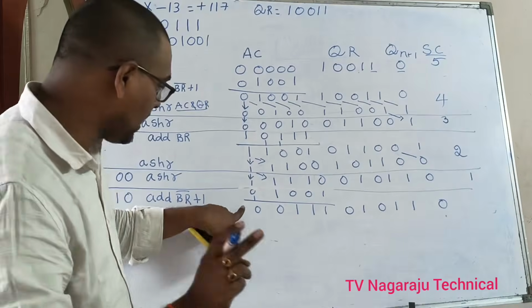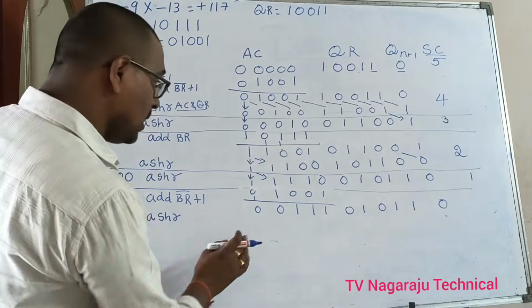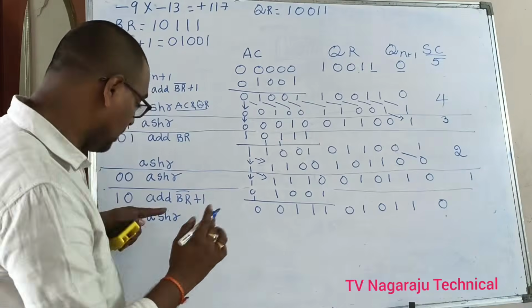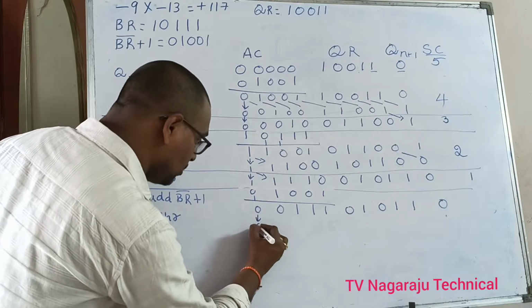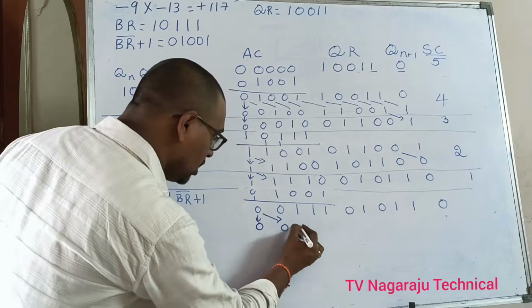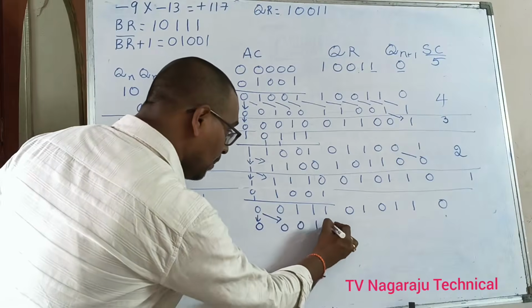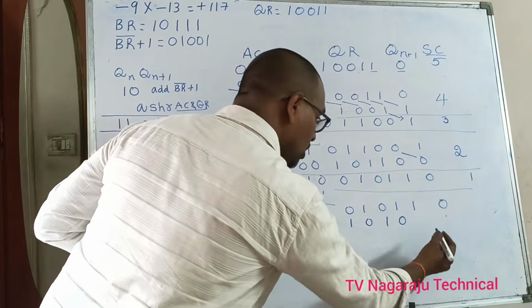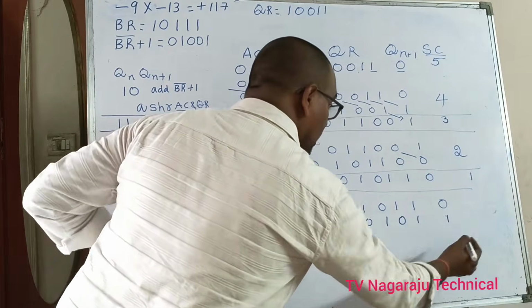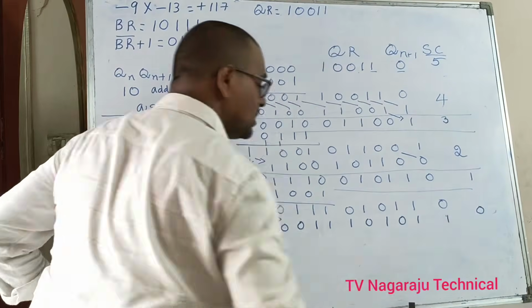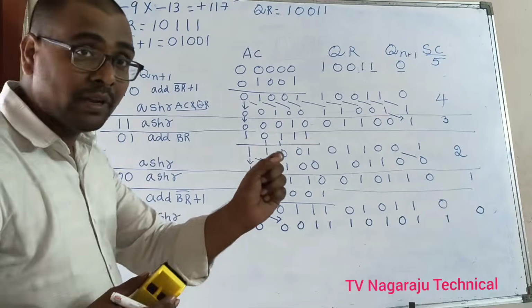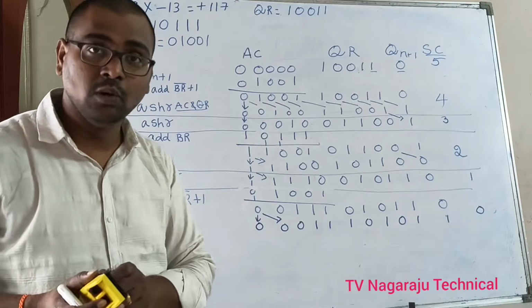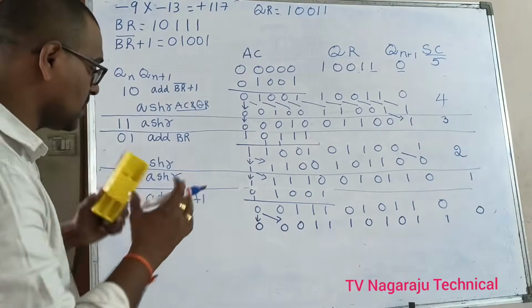After discarding the carry, you need to perform the arithmetic shift right operation. The same 0 added to here: 0, 0, 1, 1, 1, 0, 1, 0, 1, this one. Now the sequence counter value is equal to 0. Whenever the sequence counter value is equal to 0, simply stop the process.